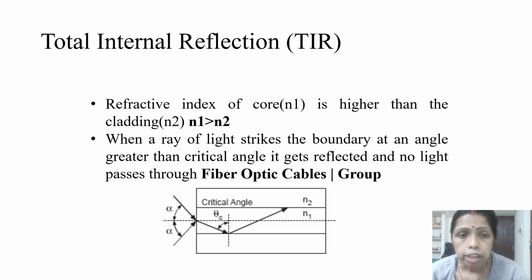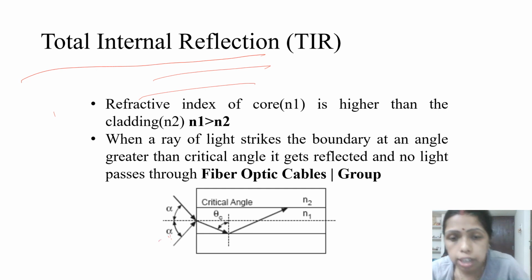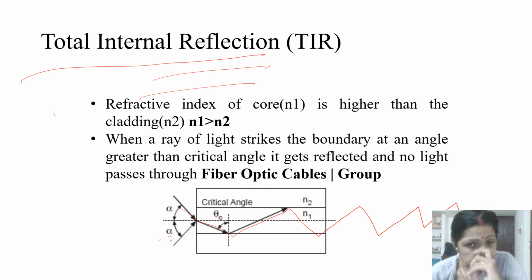If total internal reflection happens in the optical fiber, it will be like this. Alpha is the acceptance angle and theta c is the critical angle. If light is incident like this, it should create total internal reflection in the optical fiber.